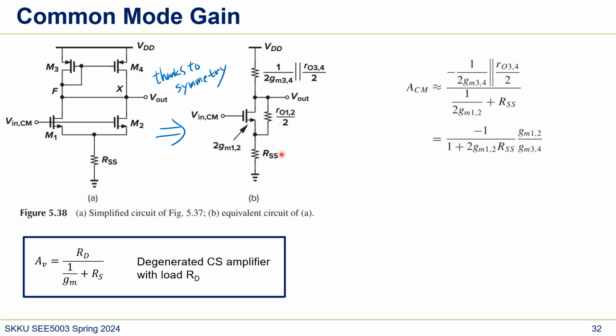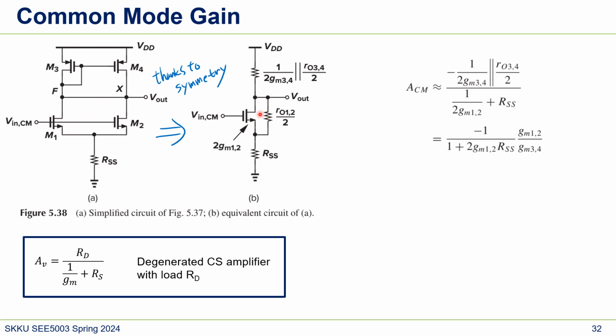So we have RSS, and since they are equally connected, it's like a finger or M. So the V in CM goes to here, but now we get double GM2. All of their gates are connected, their drains are connected, their sources are connected.